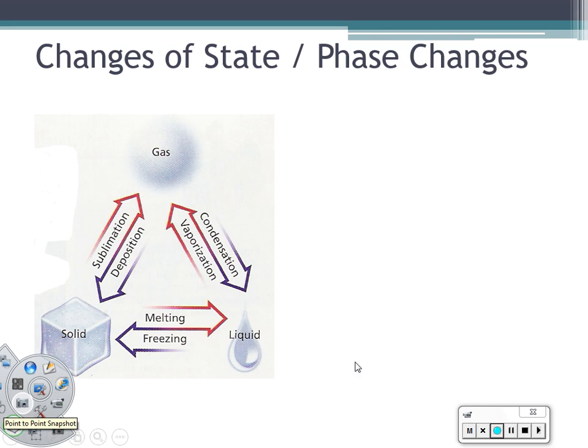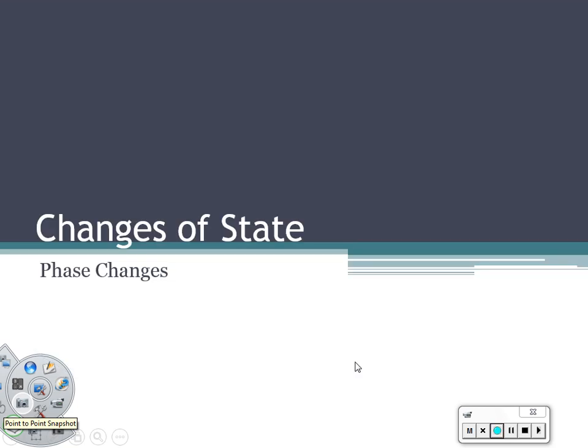All right, so yesterday we introduced the kinetic theory of matter. And we said that the kinetic theory of matter explains why matter exists in a certain state, either as a solid or a liquid or a gas. We could take that up to plasma, but for today and tomorrow and next week, we're just going to focus on those states of matter that we are most familiar with.